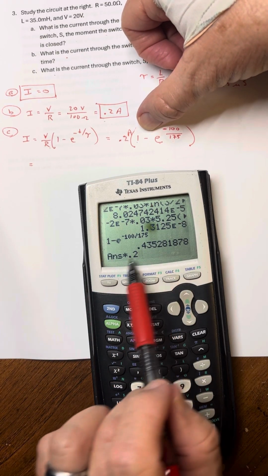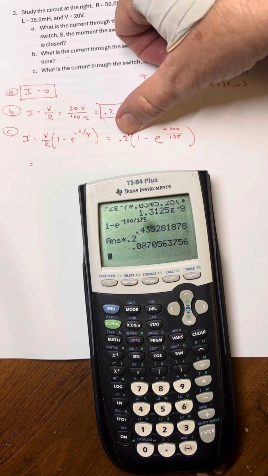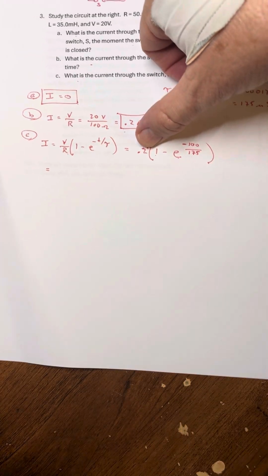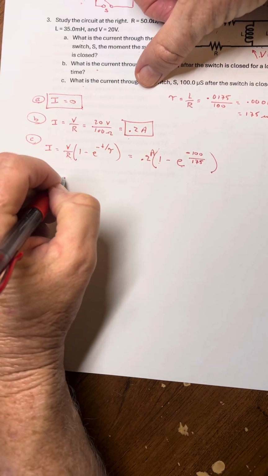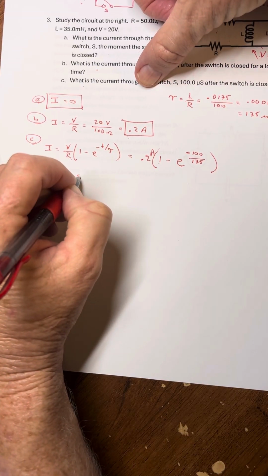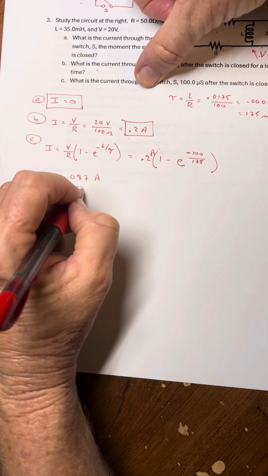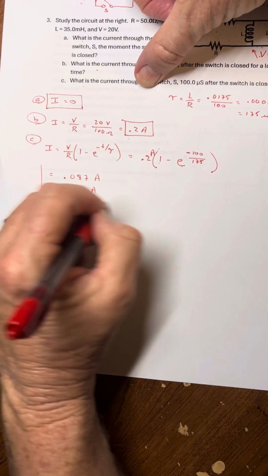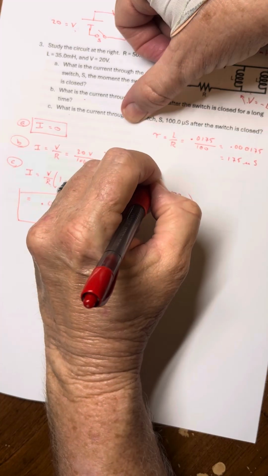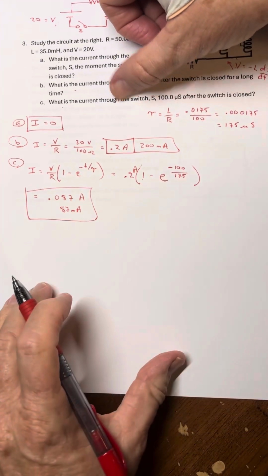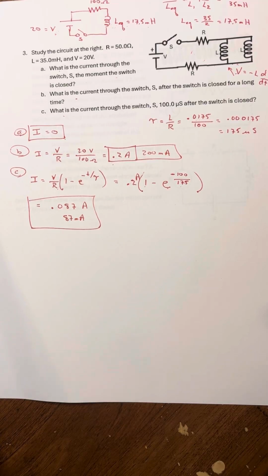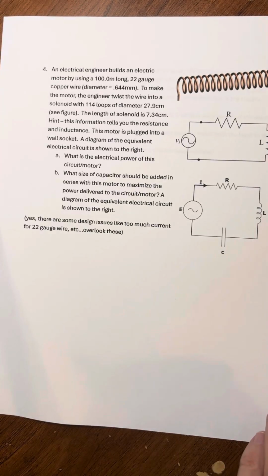So we'll take that 44% and multiply by what its max is going to become, and at this point we are at 0.087 amps. I suppose if you want to call that 87 milliamps, great. And if you wanted to call this 200 milliamps, that's great too. But either way, we're saying the same thing here. So there's our number 3 in our chapter 32.